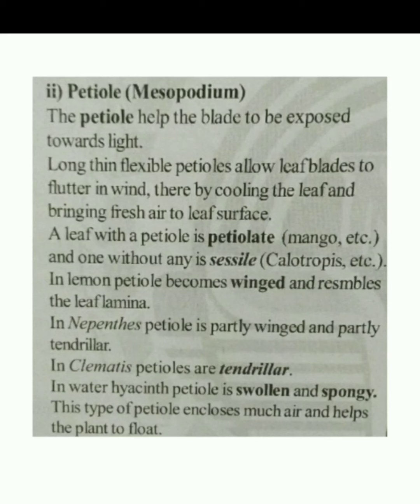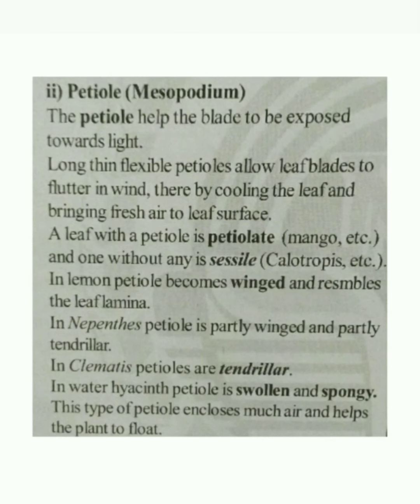If the leaf is completely attached to the plant, it may not get complete exposure to sunlight. So the petiole helps the leaf get exposed to sunlight, and because of the thin petiole present in a few plants, it becomes very flexible for the leaf to move here and there, bringing fresh air to the leaf surface.